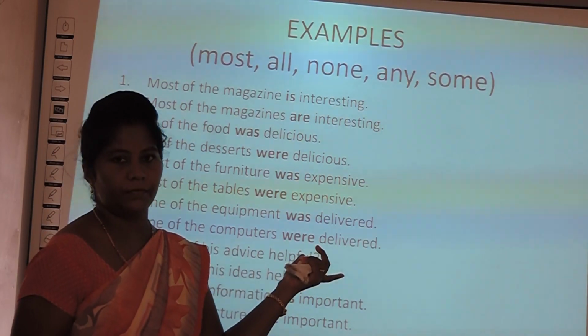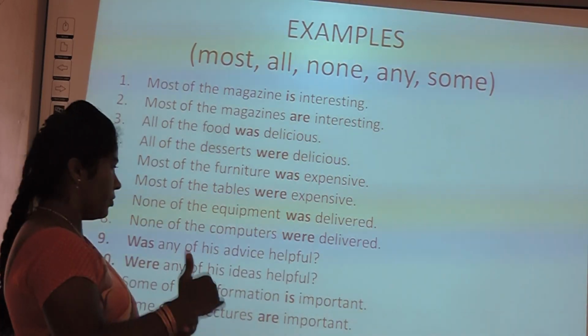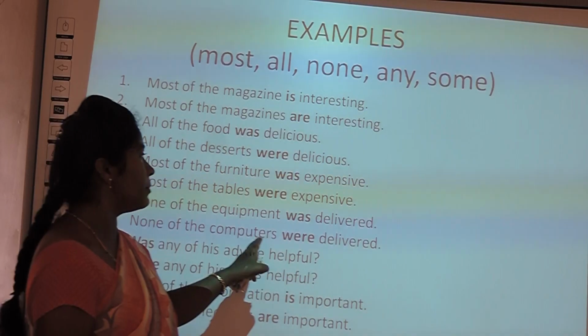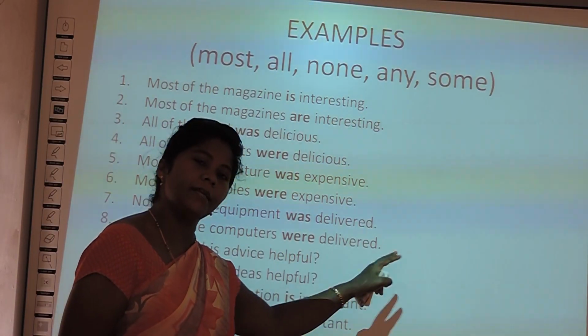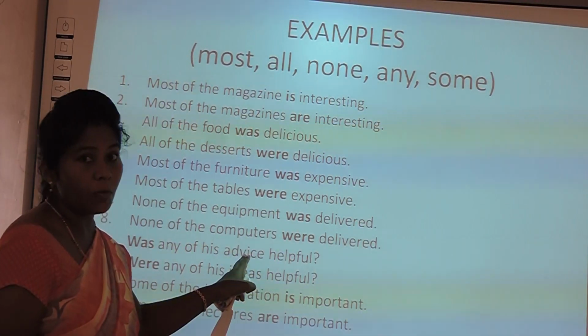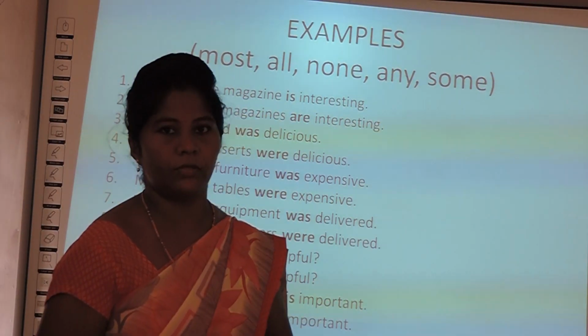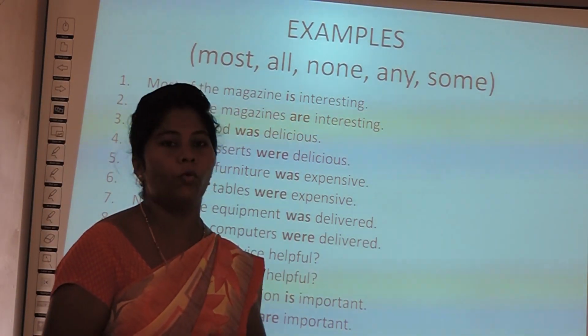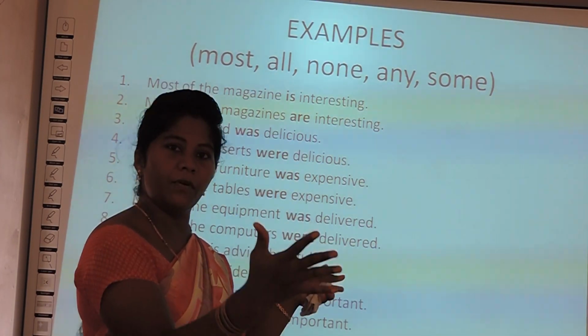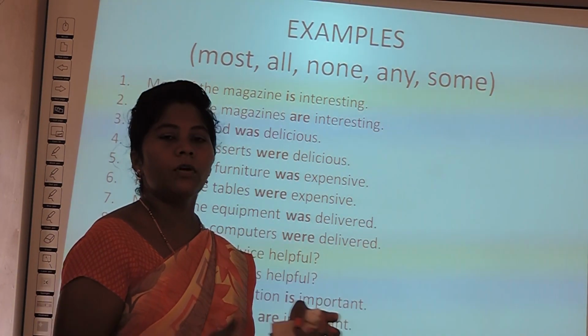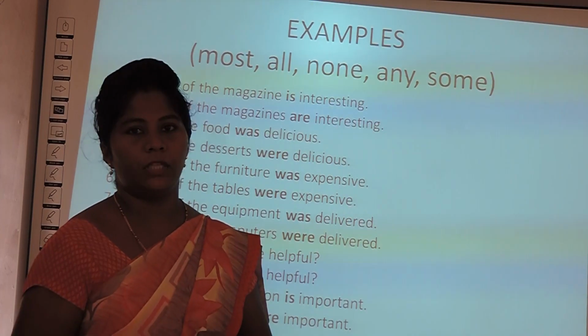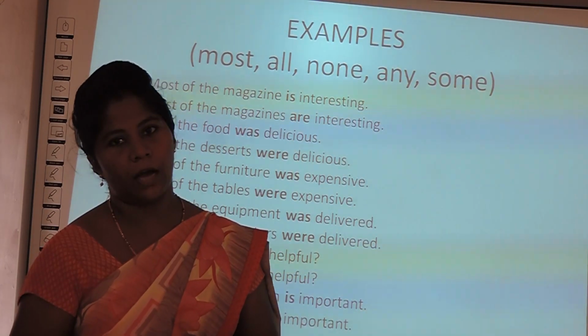Equipment is uncountable. In the same way, we say none of the computers were delivered. When I talk about computers, it is countable. We can count computers. We have a computer at home. We have 10 computers in our computer lab. So computers are countable whereas equipment is uncountable.